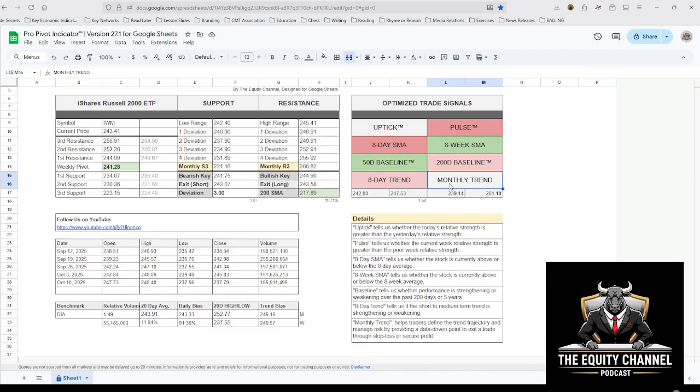That's usually a half standard deviation on both sides, so it's a one standard deviation range around the high or the low. That's important because it lets you know whether or not you're just flagging at the high, consolidating at the high, and things of that nature. Consolidating at the high or the low with high relative volume is a sign of accumulation and distribution as well. We'll talk about those things more over time.